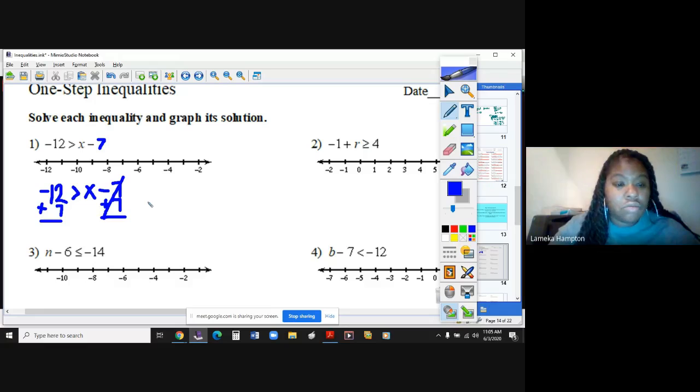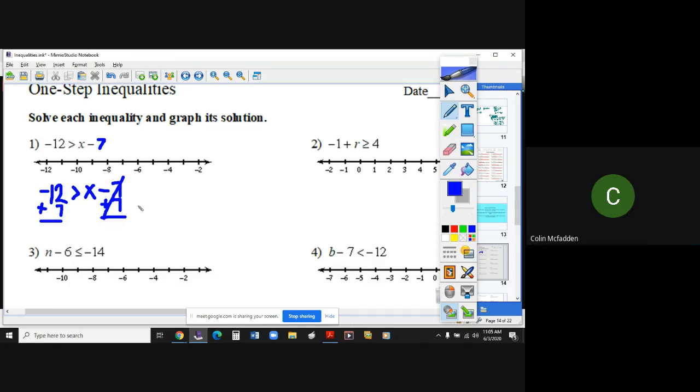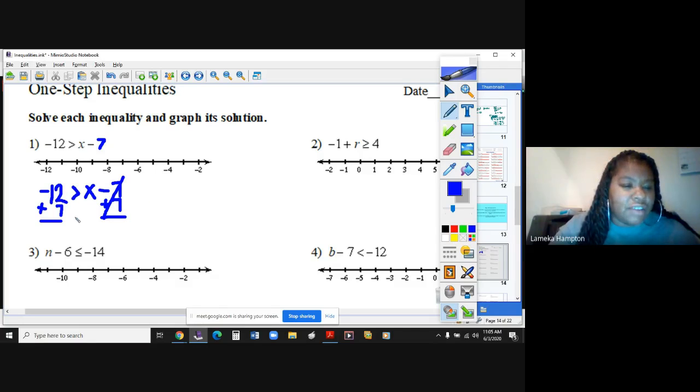Negative 5. That's it. So we have negative 5 is greater than x.